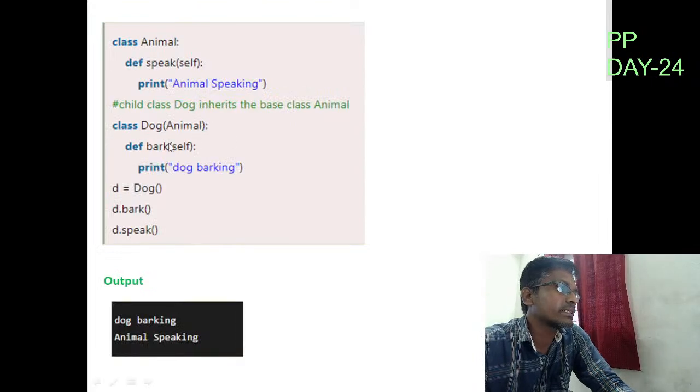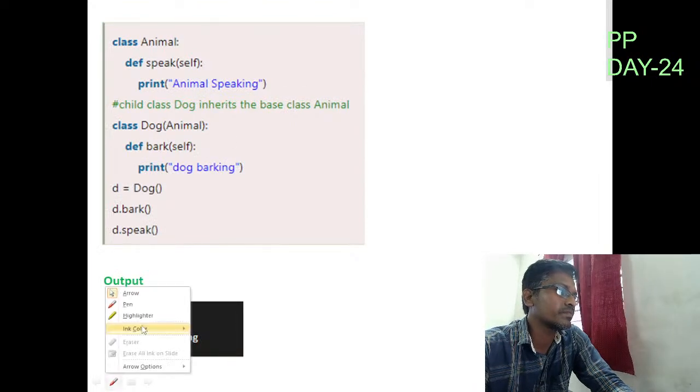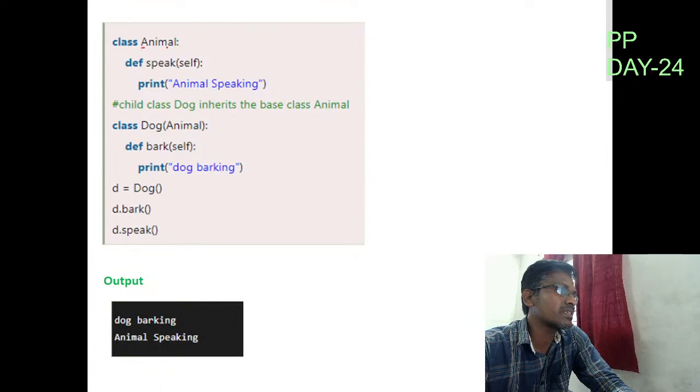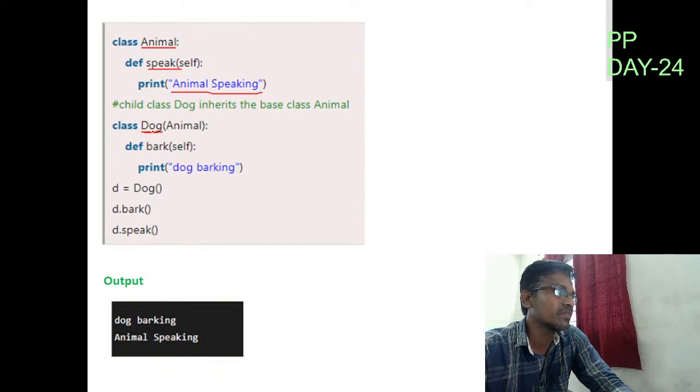So this is an example of single inheritance. In this example, the base class name is animal, and it contains a definition speak, which prints animal is speaking. The subclass is dog. This is the derived class name, and this class will be derived from the base class animal. Then I define the function bark, which prints dog is barking.